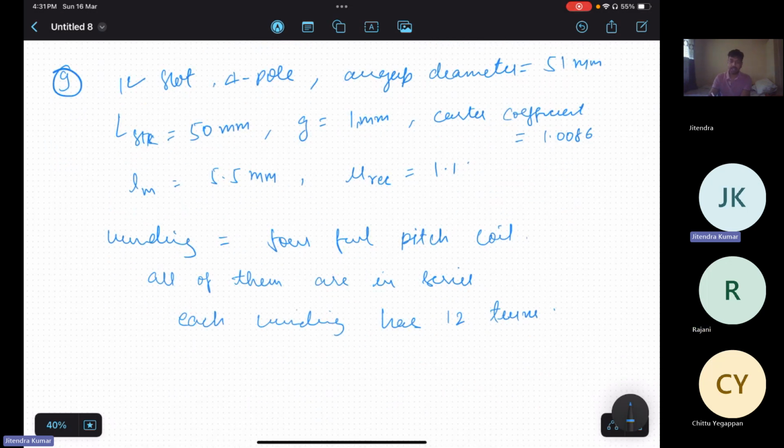We have to calculate the air gap self-inductance. I hope the question is clear to you. Any doubt regarding the question?